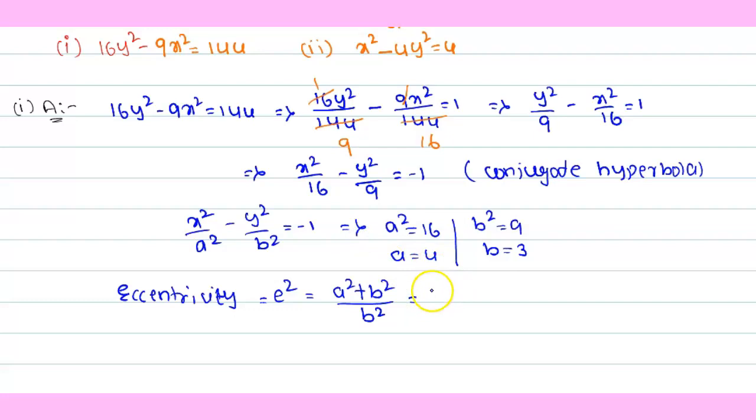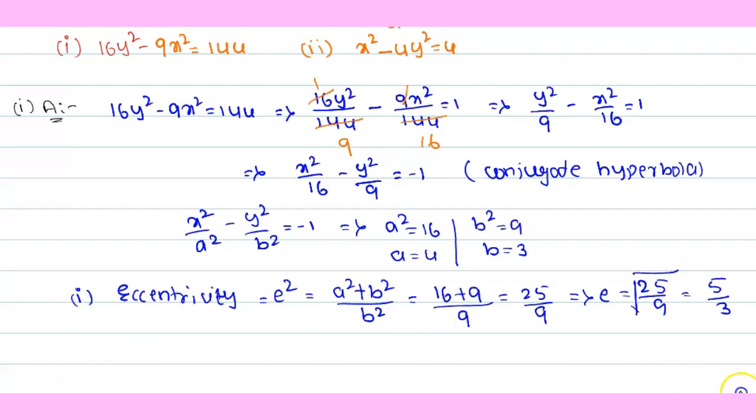So this is equal to a square value 16 plus b square value 9, by b square 9. 16 plus 9 can be written as 25 by 9. Here e square is there. So this implies e is equal to root of 25 by 9. Root 25 is 5, and root 9 is 3. So here 5 by 3. That is the first one the question is asking, eccentricity.